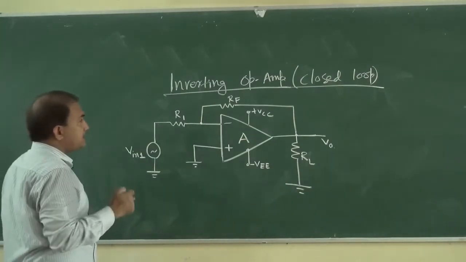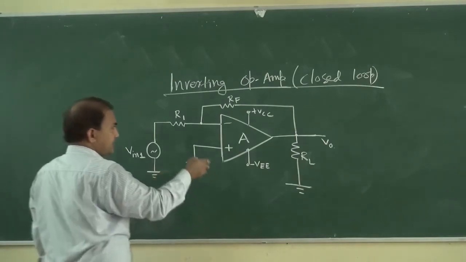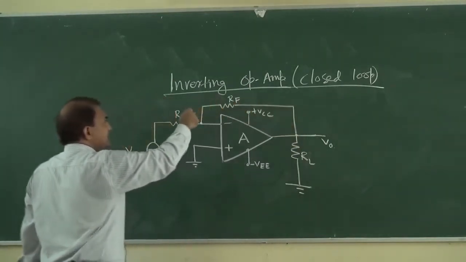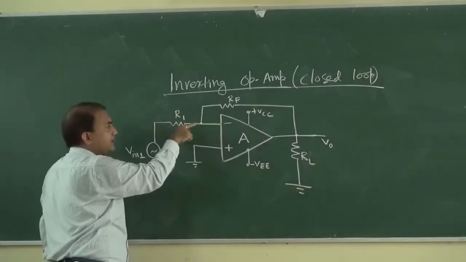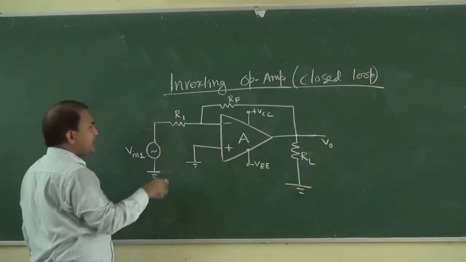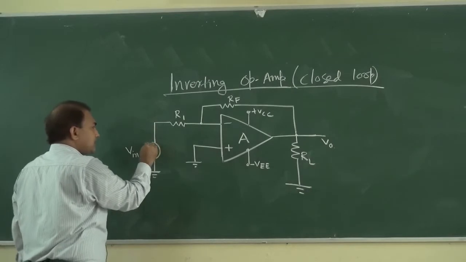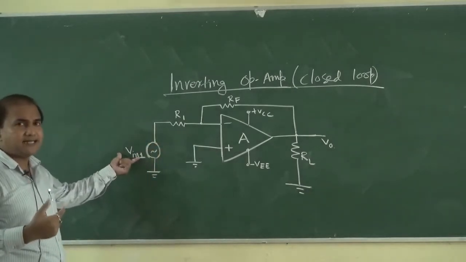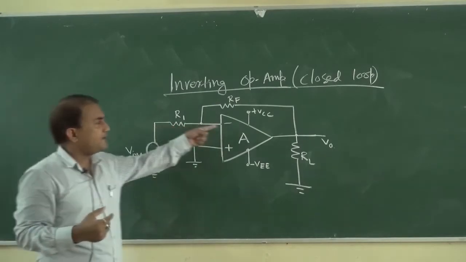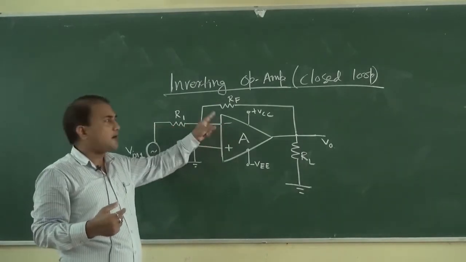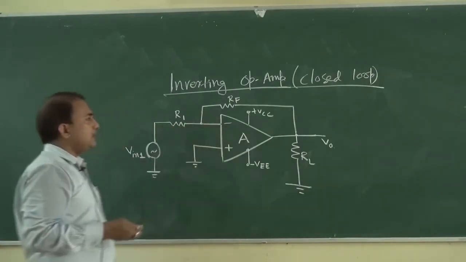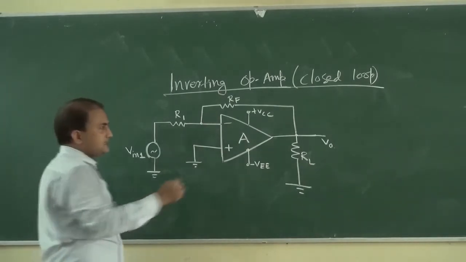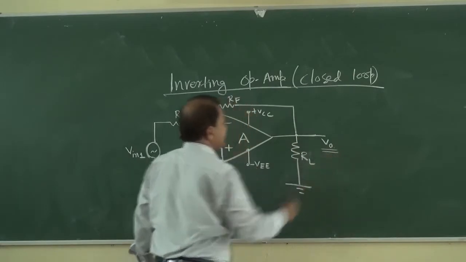In inverting operational amplifier, the feedback signal is given to the inverting input, and this Vin, the input voltage, is applied to the inverting terminal of the operational amplifier. We have to see how we can express V output in this case.